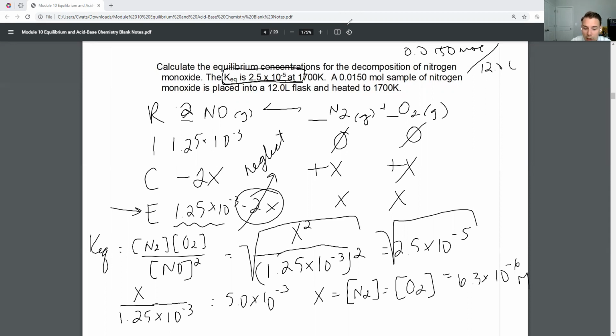So for our equilibrium concentration of the NO, I'm now going to plug that x into here. So 1.25 times 10 to the negative third minus 2 times 6.3 times 10 to the negative sixth.